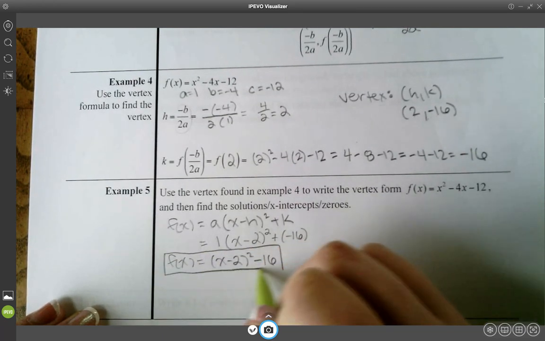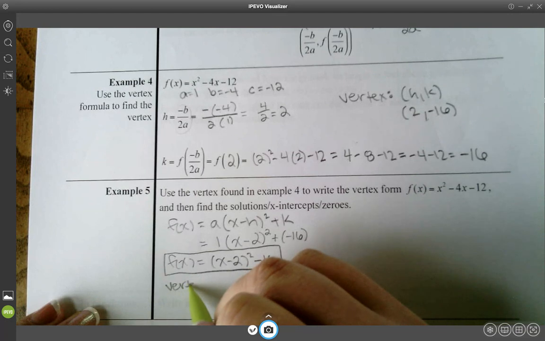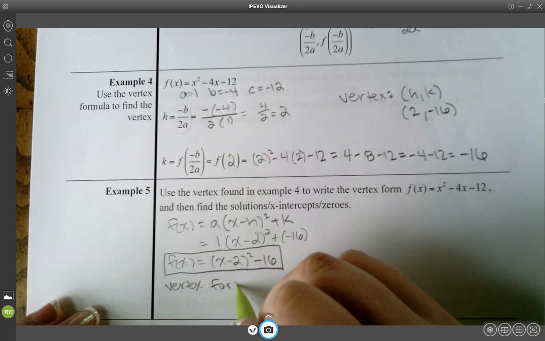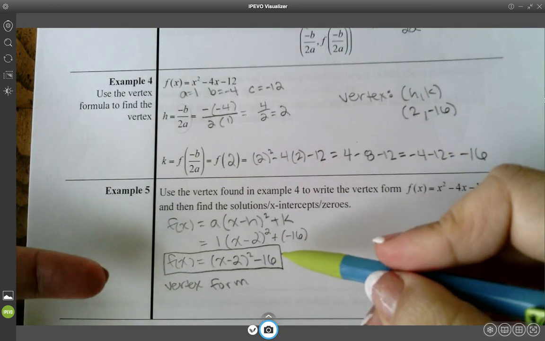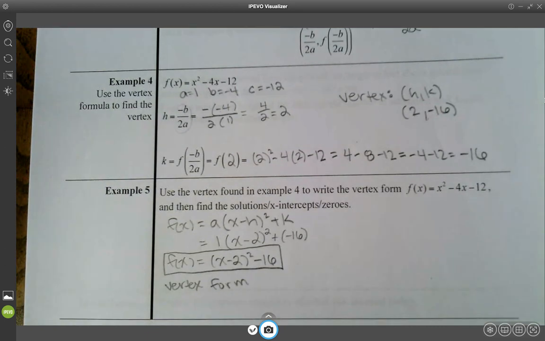That is vertex form without having to complete the square. Now, sometimes it's easier to complete the square than to find the vertex and substitute it back in, but we have the option now of doing either.